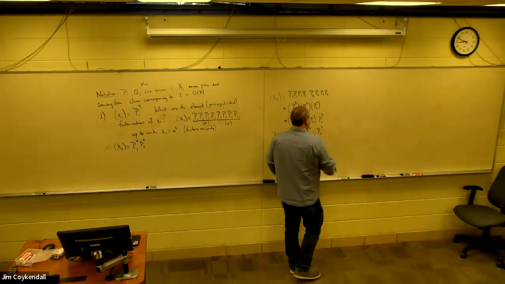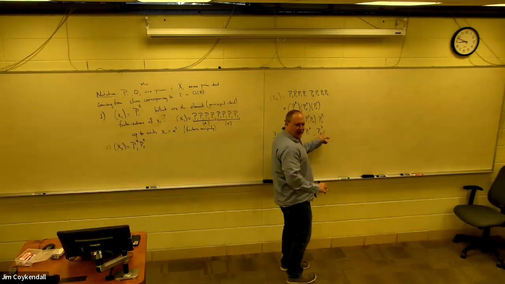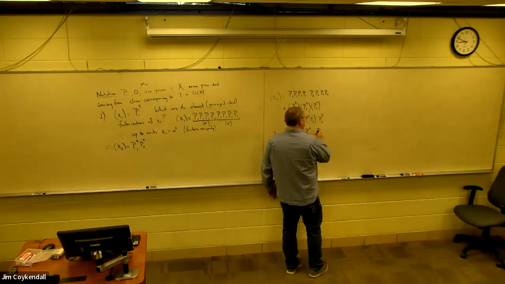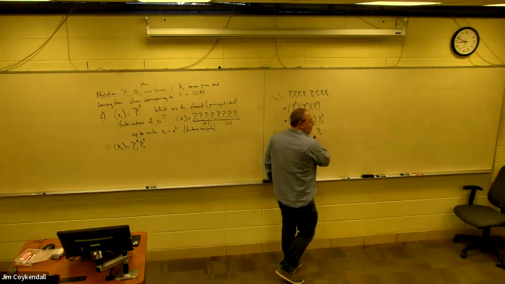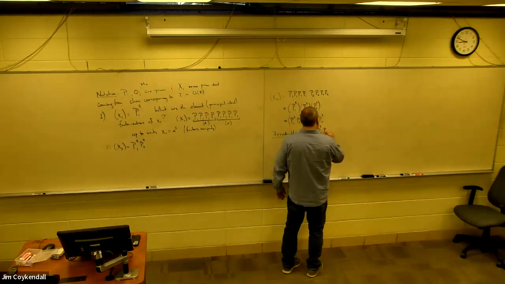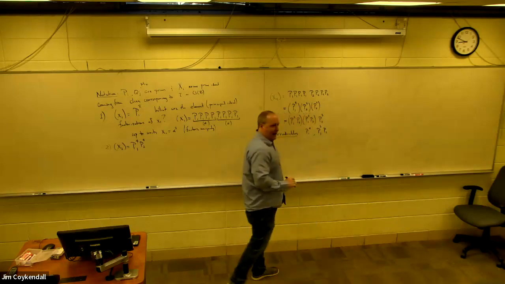So notice if you have P1 cubed, you have to have the other P1. You have no chance otherwise. So if you have 3 or 4 of these, you have to go all the way to P1 to the 4. If you've only got two of these, you can do that.